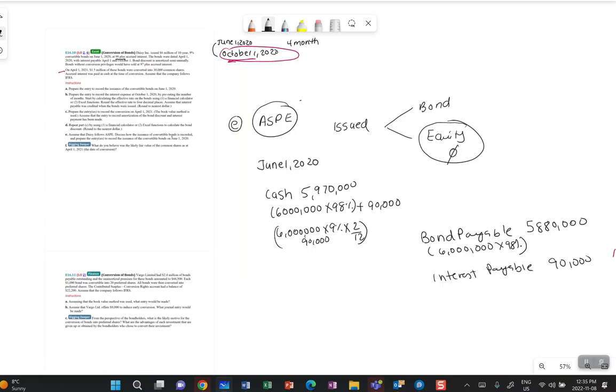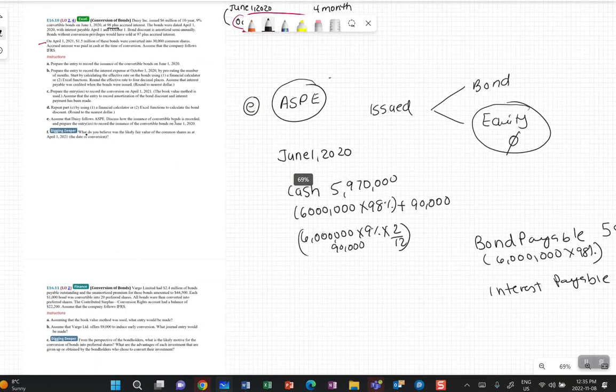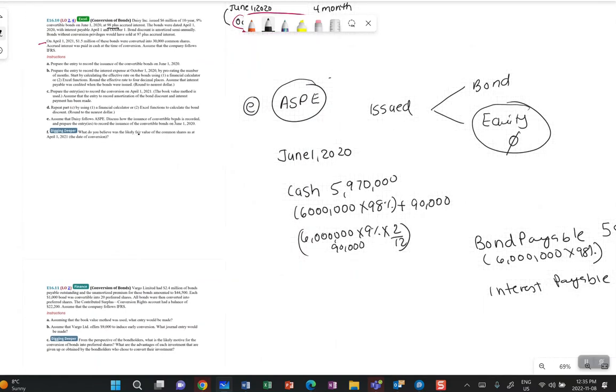So then they're saying, number F, what do you believe was the likely fair value of the common shares as of April 1st, 2021? At the time we converted it, they're asking whether you can say what the value of your common shares is going to be.